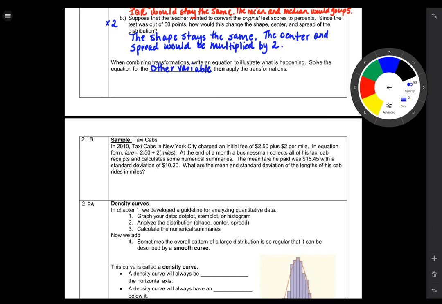In equation form, the fare is equal to $2.50, that's the initial fee, plus $2 per mile. At the end of a month, a businessman collects all of his taxicab receipts and calculates some numerical summaries. The mean fare he paid was $15.45 with a standard deviation of $10.20. What are the mean and standard deviation of the lengths of his cab rides in miles?